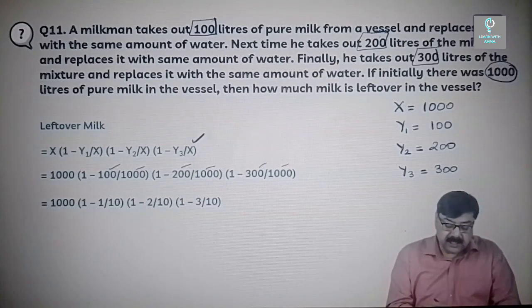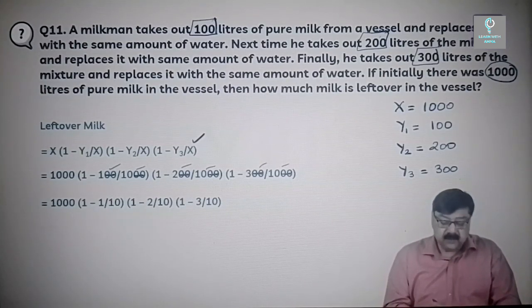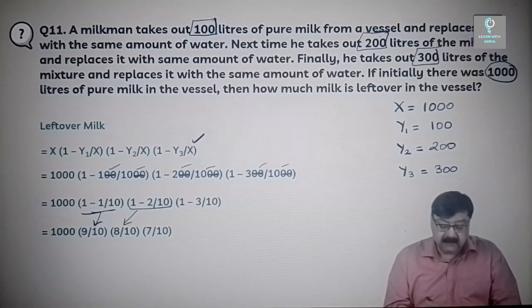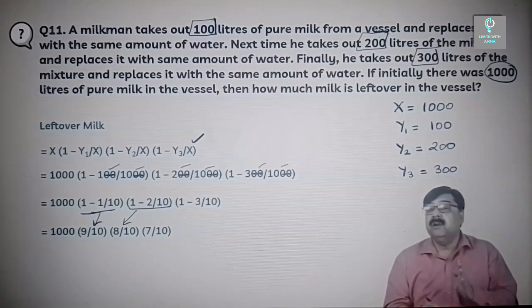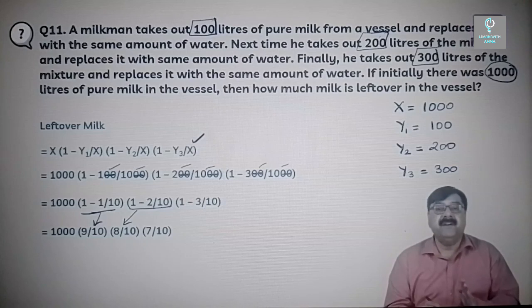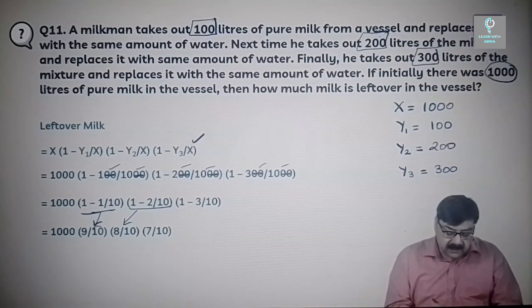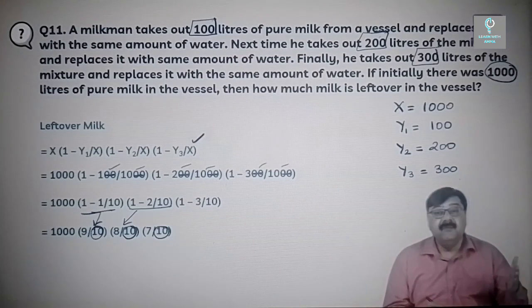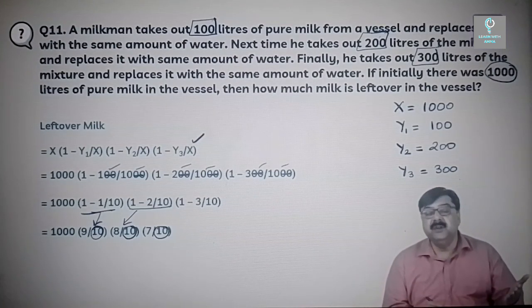So you remove the zeros here. First, it becomes 1 minus 1 by 10, 2 by 10, and 3 by 10. On resolving these, 1 minus 1 by 10 is 9 by 10, 1 minus 2 by 10 is 8 by 10. Now, 2 by 10 I did not reduce to 1 by 5. Reason: easily you can locate that in the denominator you would find 10 into 10 into 10, which will cancel the 1000 in the numerator.